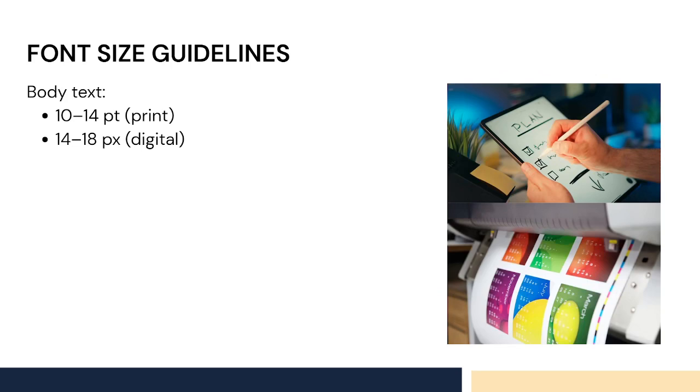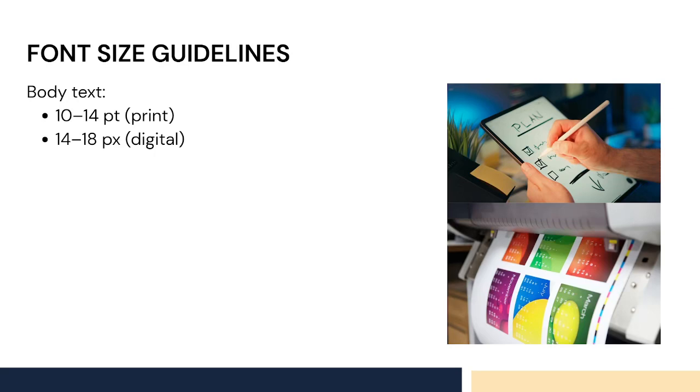And I put a guideline here for usage of fonts. For body text in print, you can use between 10 to 14 points. Point is like a system of measurement in design. Most design software has a number, and some have pixels, inches, and others.